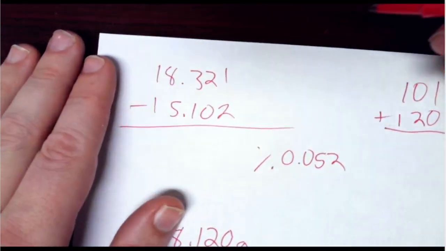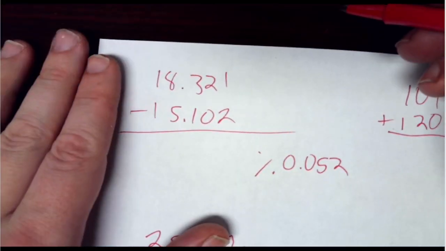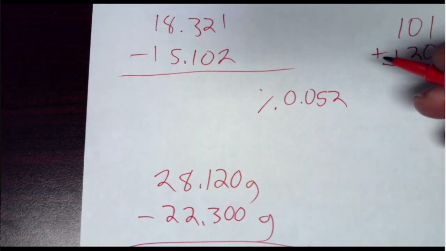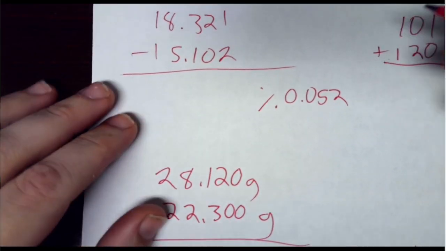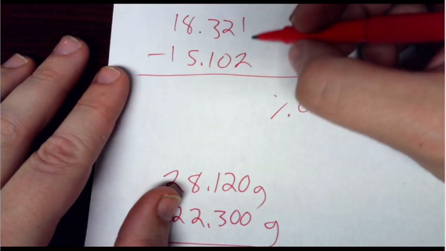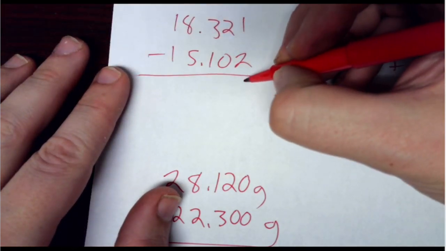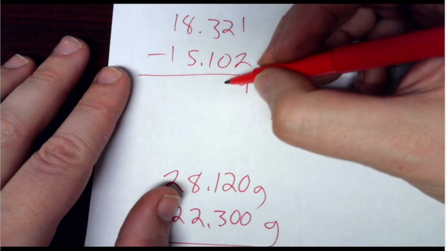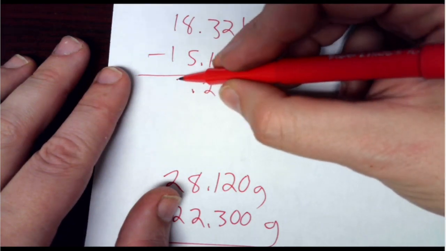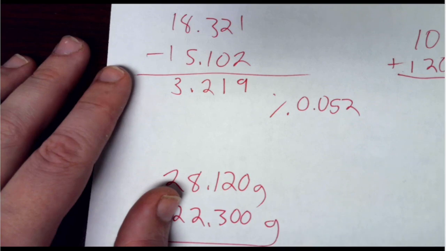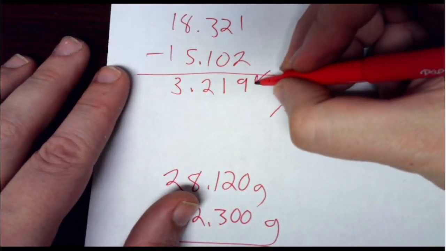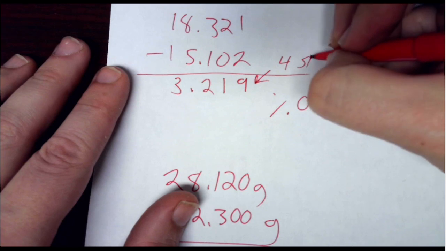Now, in a multi-step problem, you must consider the sig figs of both steps. So sometimes it's easy, sometimes it's hard. So the first step is do this simple subtraction. This becomes 9. This becomes 1. This becomes 2. This becomes 3. 3.219. This answer is 4 sig figs.